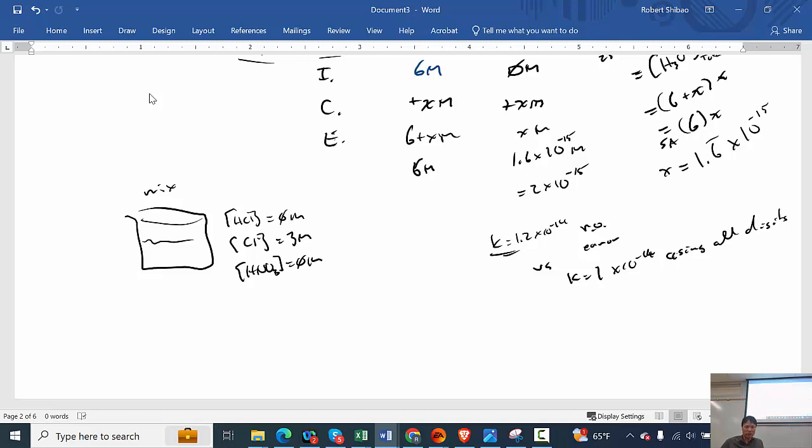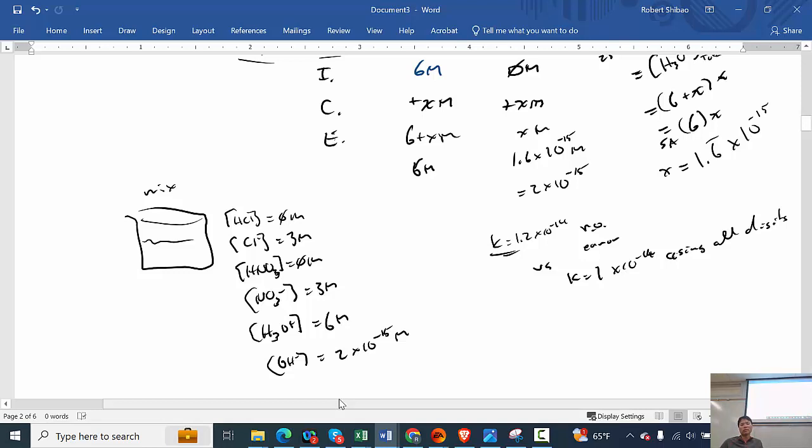The nitrate is going to be at 3 molar. And then H3O plus is going to be just a hair above 6 molar, so 6 molar. And then hydroxide is going to be at 1.6, or, to the correct number of sig figs, 2 times 10 to the minus 15 molar. This would be the inventory.